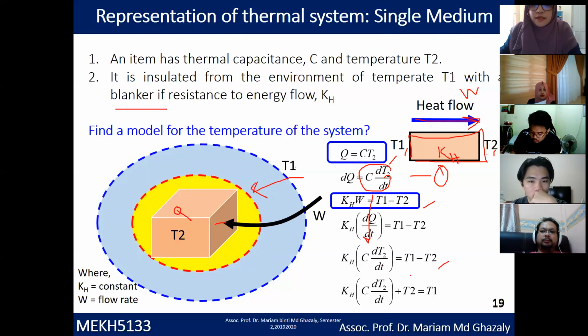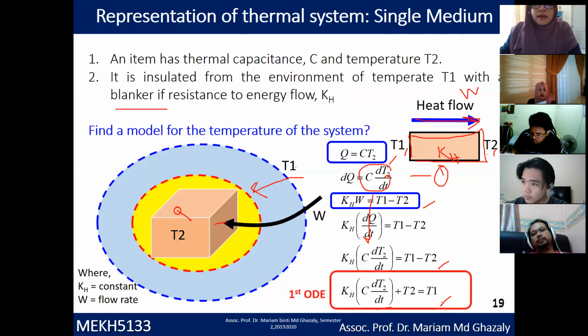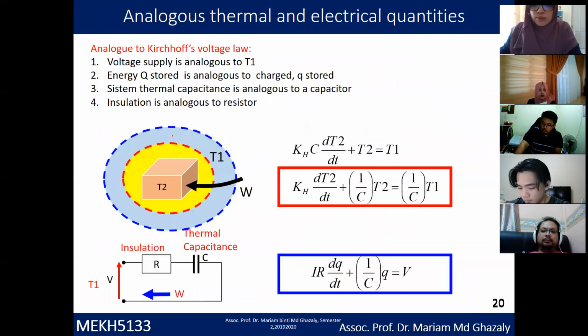Next, arrange it and you will get the final equation. You want the T2 terms on the left side and T1 on the right side. T1 is similar to an input voltage V1, like a voltage source. This looks like a first order differential equation. So this is how you model a single medium.